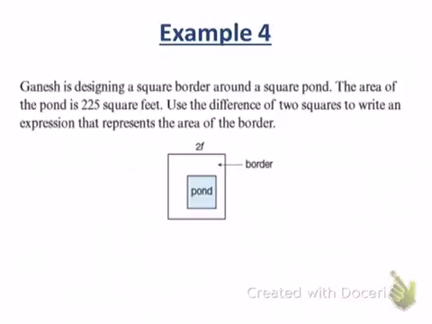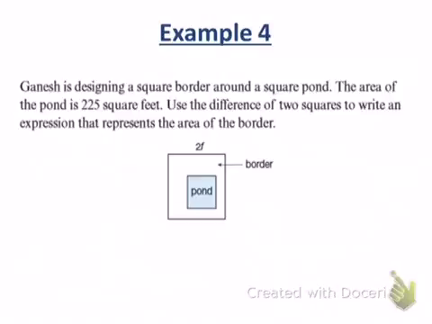Ganesh is designing a square border around a square pond. The area of the pond is 225 square feet. Use the difference of two squares to write an expression that represents the area of the border. Now, this, guys, is a really common scenario that you'll see in geometry.